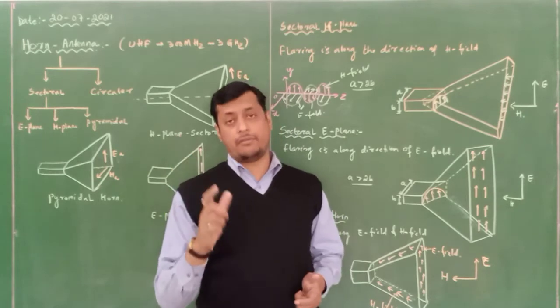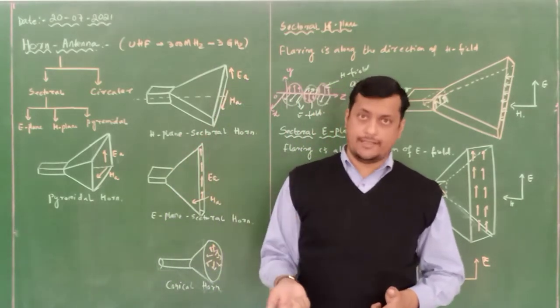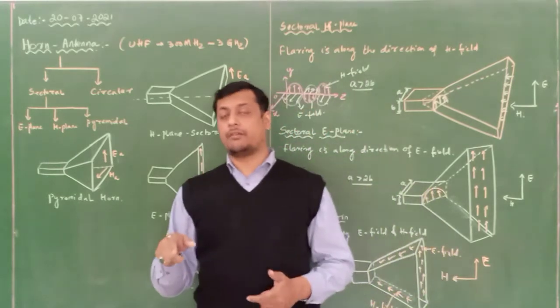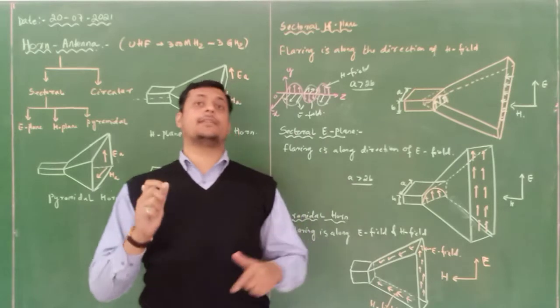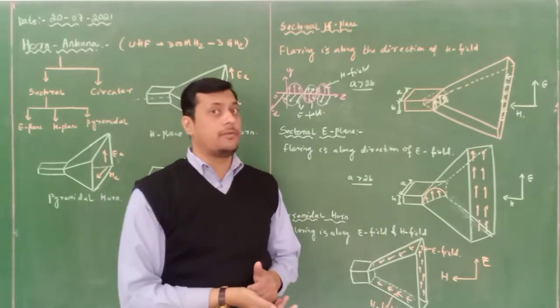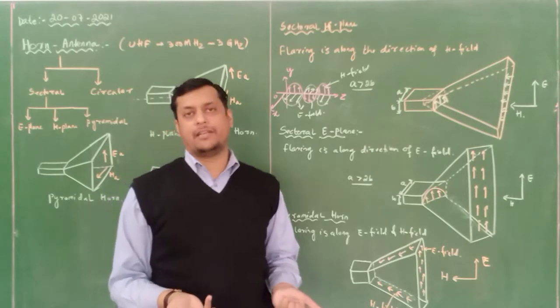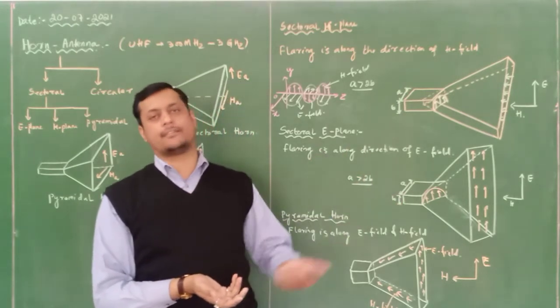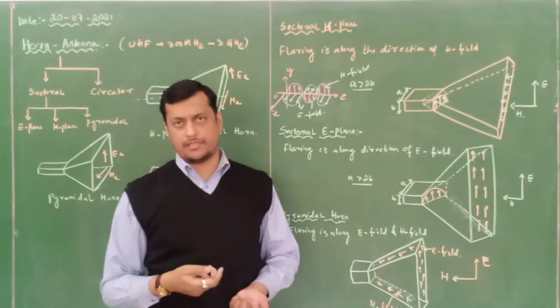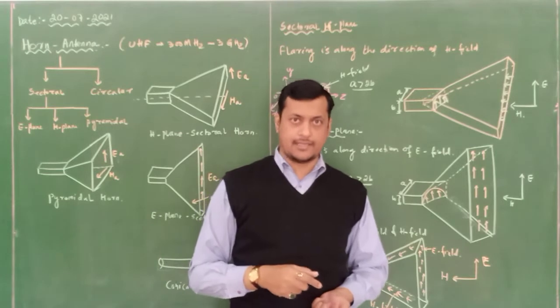Because rectangular waveguides operate at a certain wavelength, certain frequency. If your input frequency is greater than the operating frequency of a waveguide, then only the information is going to be delivered. But if it is less, no information can be delivered. If you deliver the information also, it cannot propagate to a certain extent. It will attenuate your information because that device has its own operating characteristics.